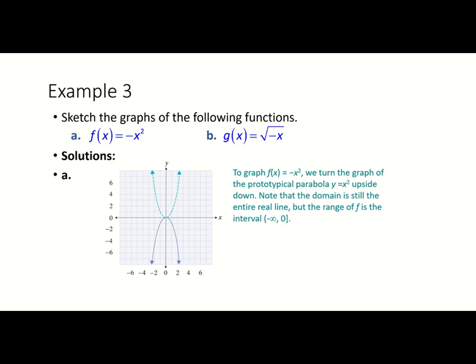Okay, so here are our two examples. They want us to show how they were reflected. Our first one is f of x equals negative x squared. For this one, it's x squared, and then there's a negative on the outside.